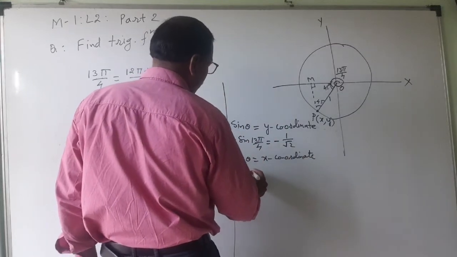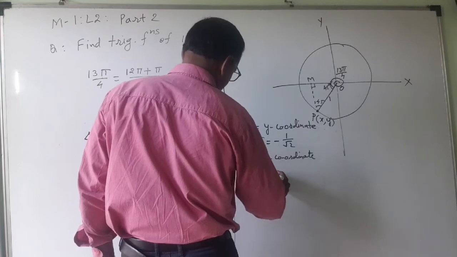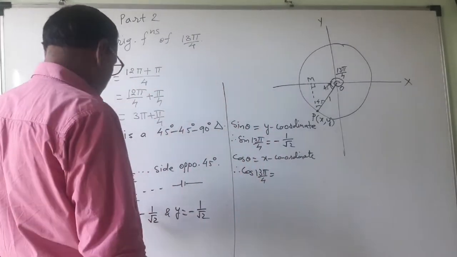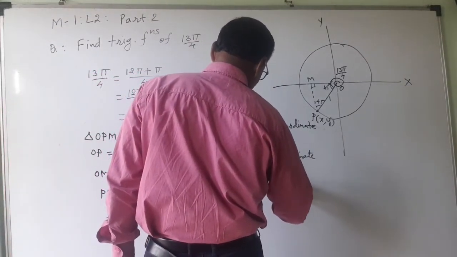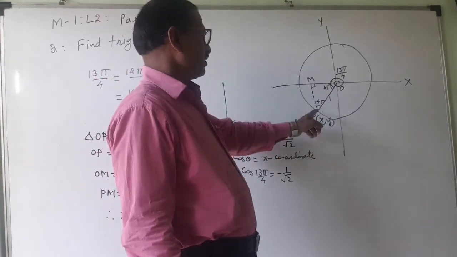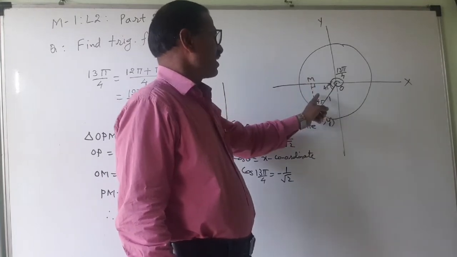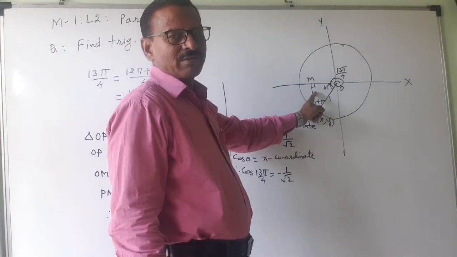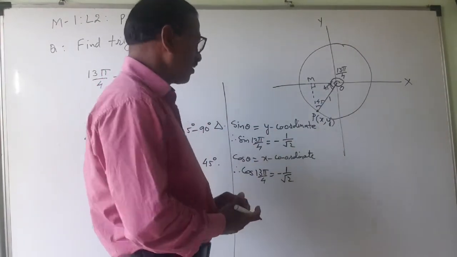Therefore, cos of 13 pi by 4 is equal to the x coordinate, in the same way, minus 1 upon root 2. See that the angle is lying in the third quadrant. Here all students take coffee. Here only tan is positive. That means sine and cos will be negative. See that sine has become negative, cos has also become negative.